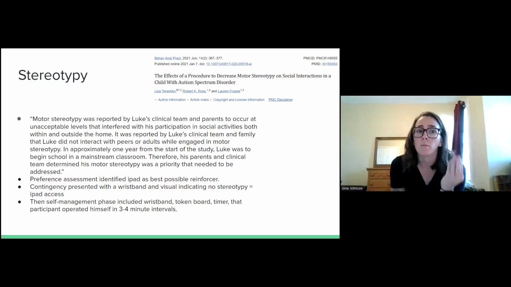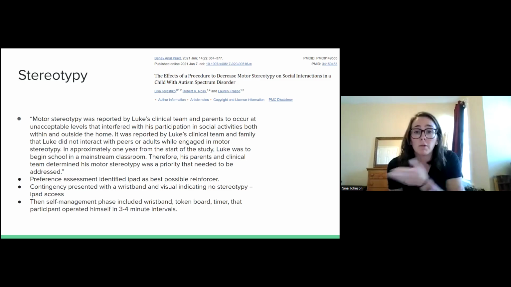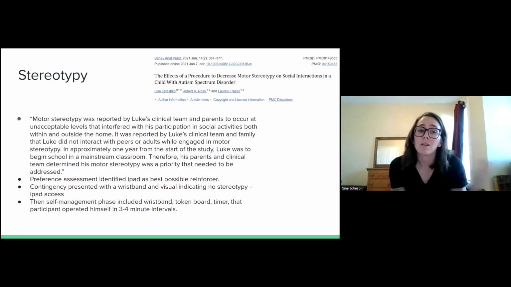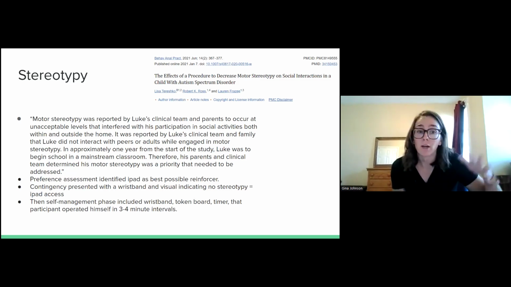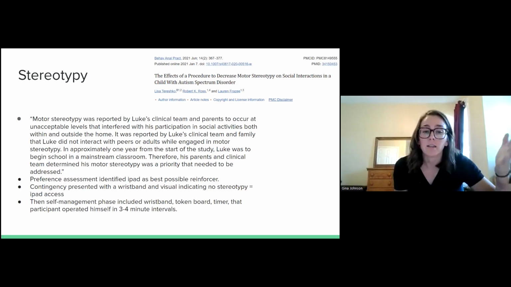It was reported by his clinical team and family that Luke did not interact with peers or adults when engaged in the motor stereotypy. He was about to start school in a mainstream classroom, and so the parents and the clinical team stepped in and agreed together that this was a priority to decrease this behavior.